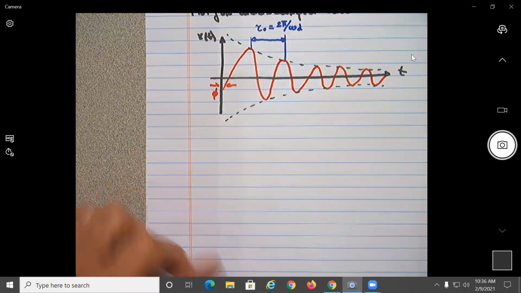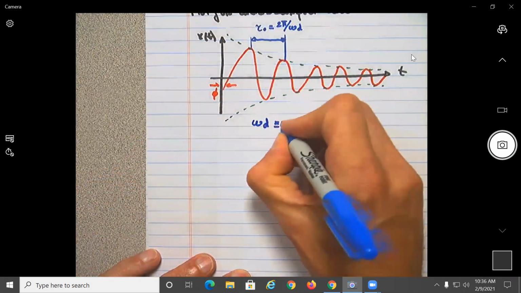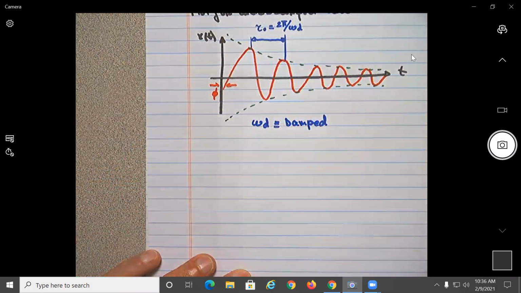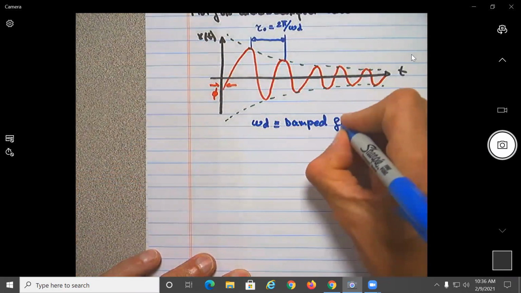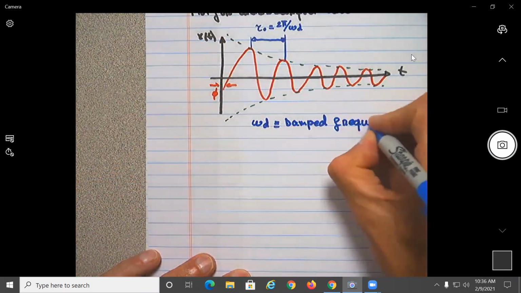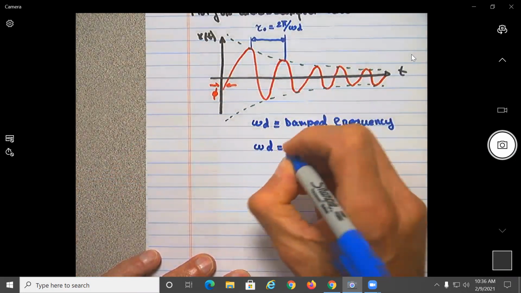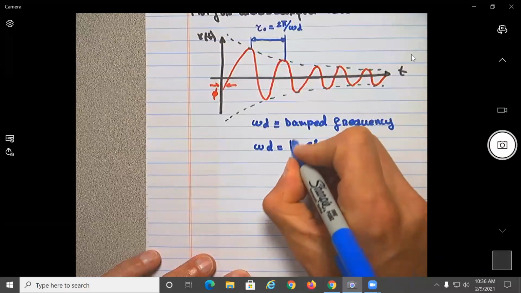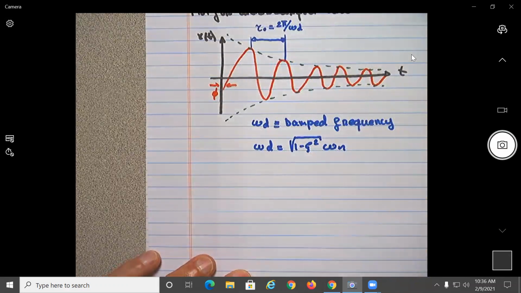All right. And I give you now omega d is the damped frequency, and basically it's equal to square root of 1 minus the damping ratio squared, times omega sub n.